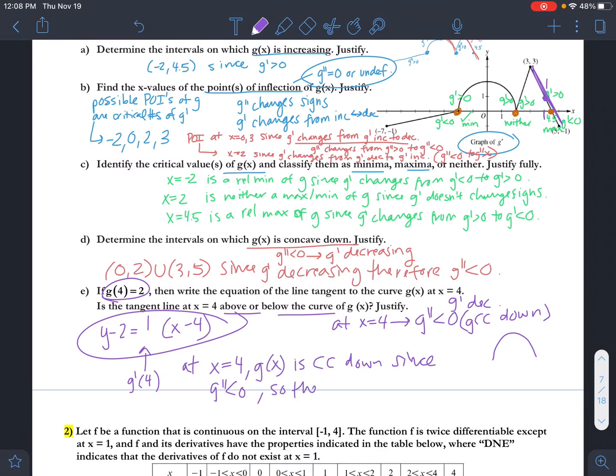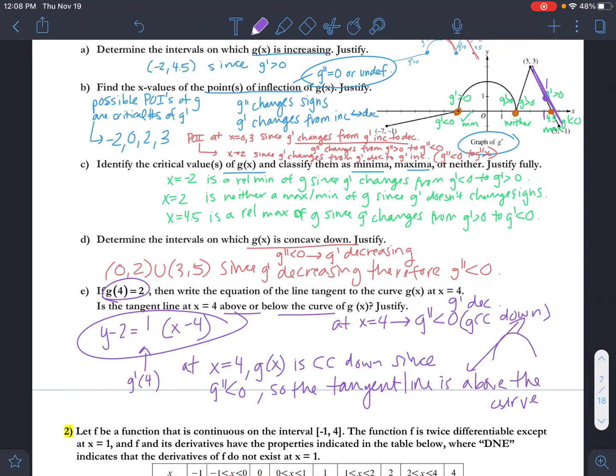So the tangent line is above the curve. And again, you're thinking on the original graph, something like this. That tangent line would be above the graph. Think about it, if it was concave up, our tangent line would be below.